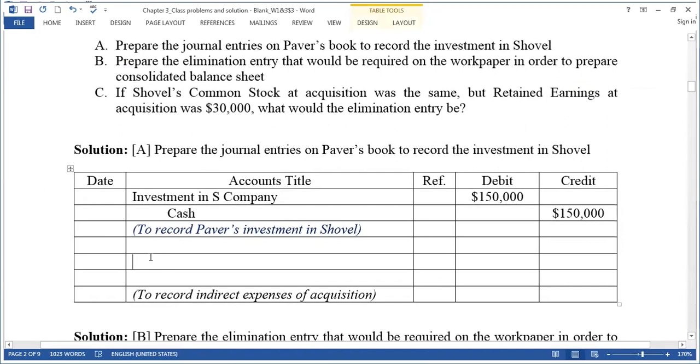So you can write here combination cost debit. This is the business combination expense. You can write business combination, no problem. This is the business combination expense debit $5,000, and we pay cash, credit $5,000.